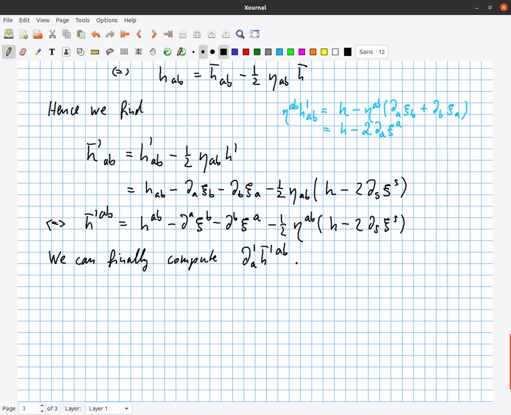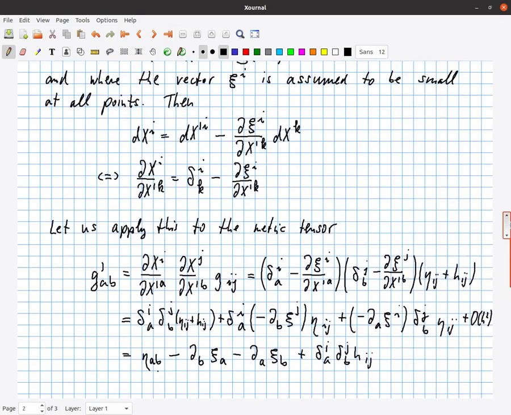One question you can ask yourself, do I have to keep the derivative here primed or unprimed? Remember that h is itself small. The new and the old coordinates here differ only by something that is small.